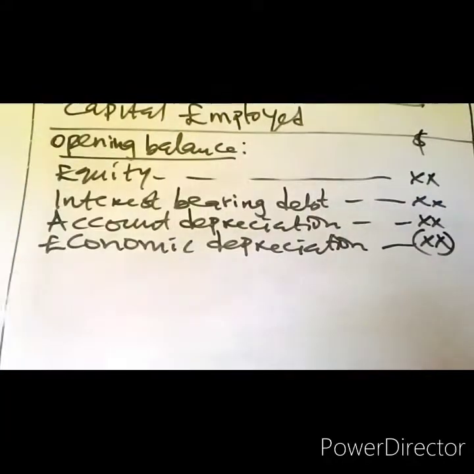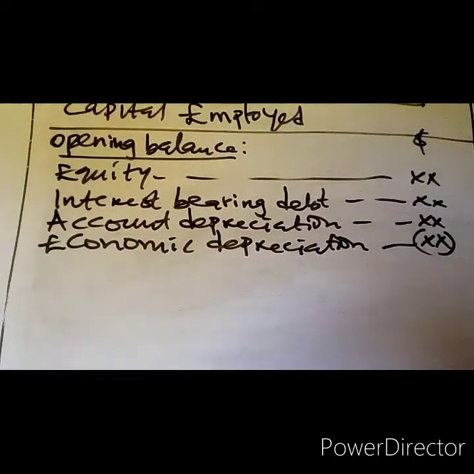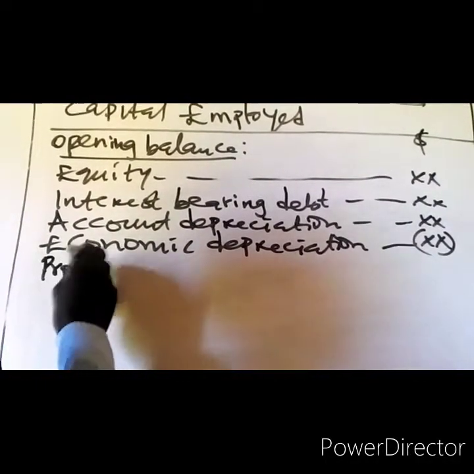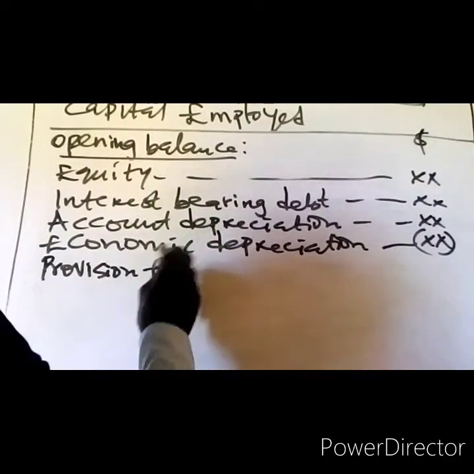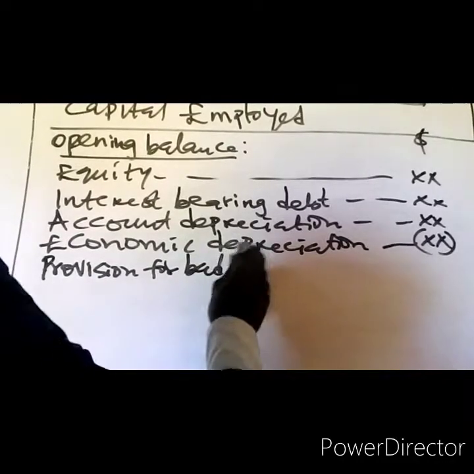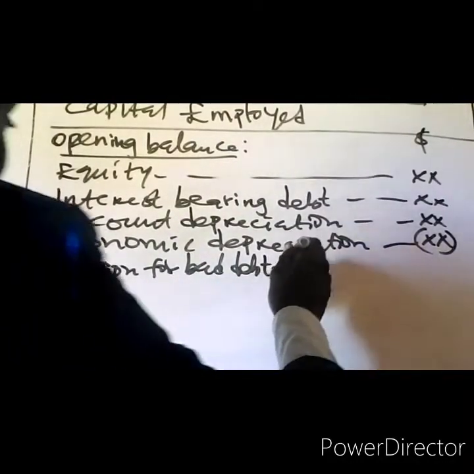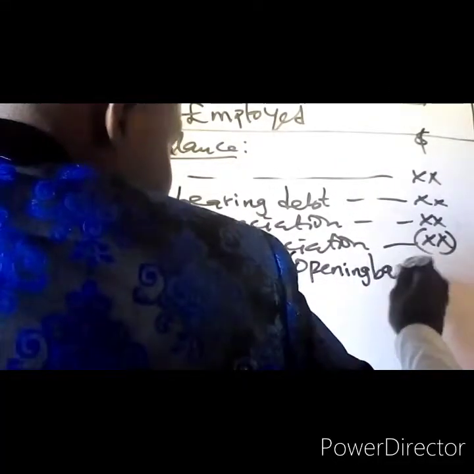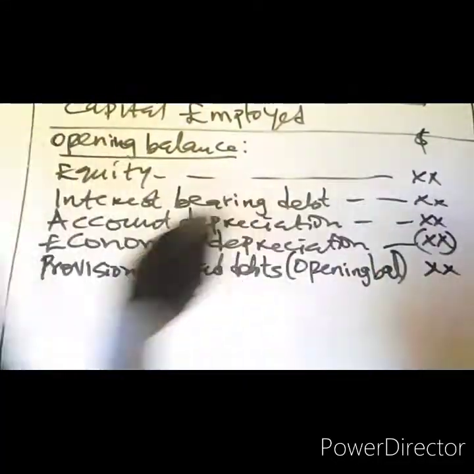Deduct the economic depreciation. Provision for bad debts. I've told you that it's not the amount of increase or decrease you are going to consider. It is the opening balance that you are going to consider here.